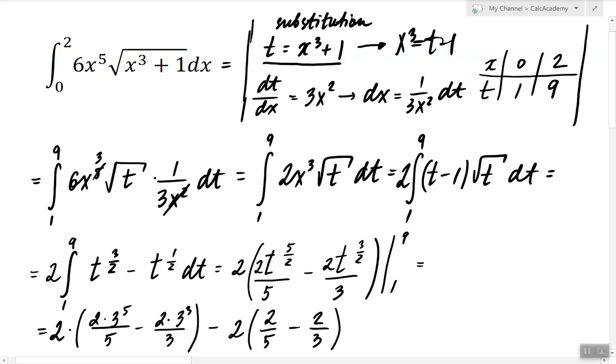So of course we can simplify and compute this expression, but it's not the point of this exercise. So we found the integral.